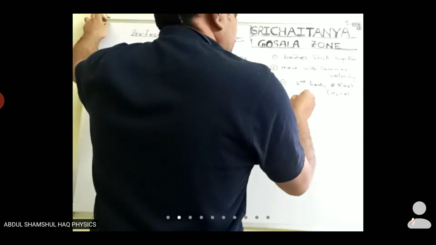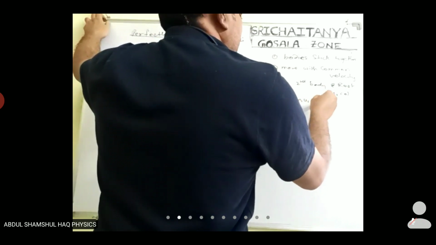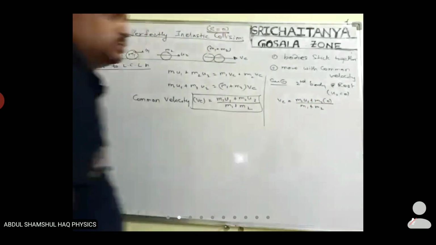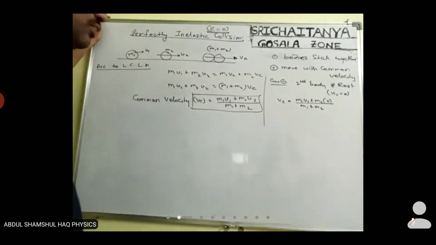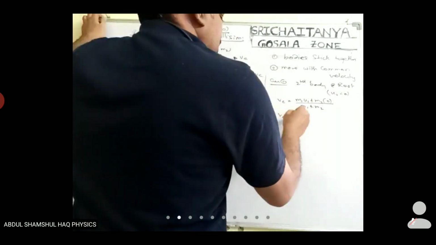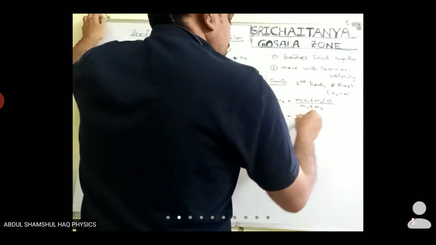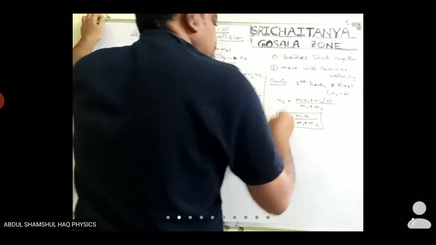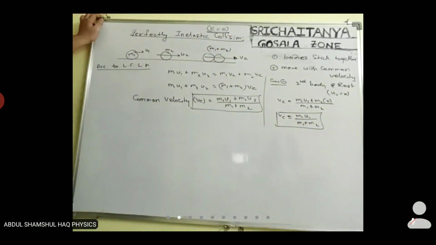Then V common will be equal to (M1 U1 plus M2 into 0) whole divided by (M1 plus M2). Therefore, V common in this case is M1 U1 whole divided by (M1 plus M2).